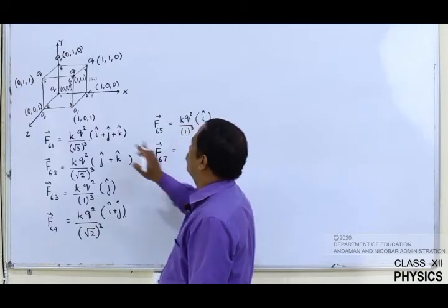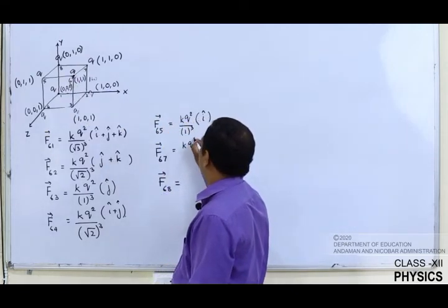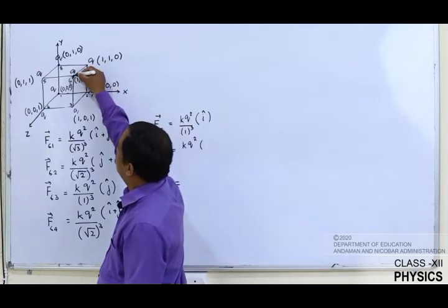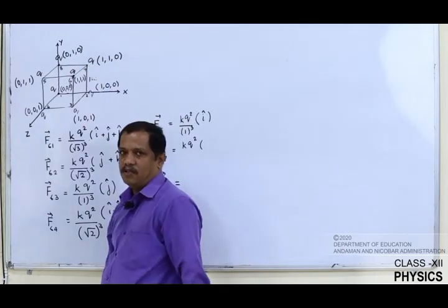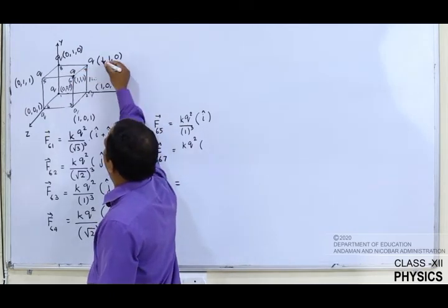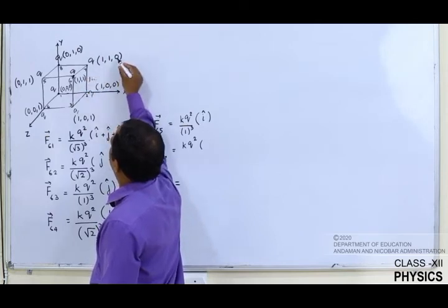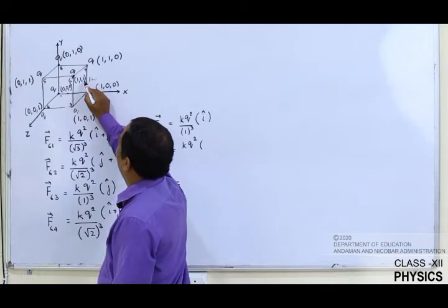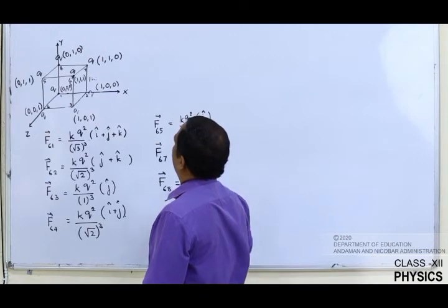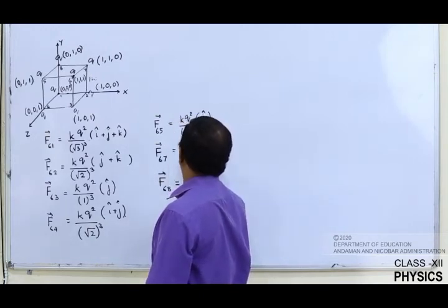6, 7. So sixth charge is this one, seventh is this one, so you will have k q square into, when I talk about vector, see please, this is the charge at which I am trying to calculate the force, and therefore for me this is 1 minus 1, 0, 1 minus 1, 0, 1 minus 0 is 1. So therefore, I am left with only k cap divided by 1 square.